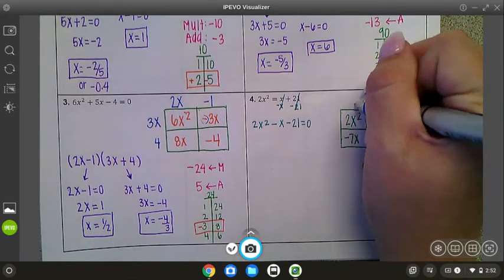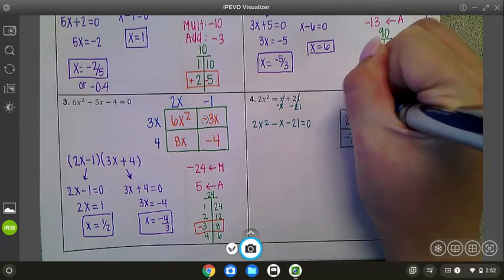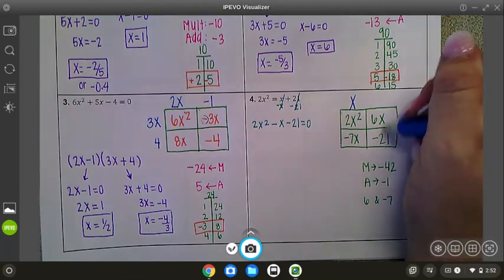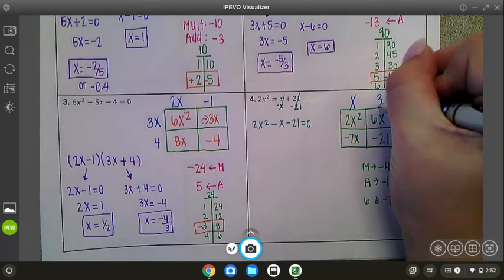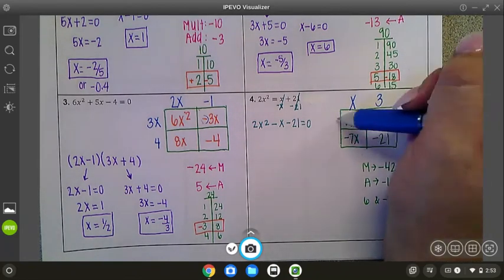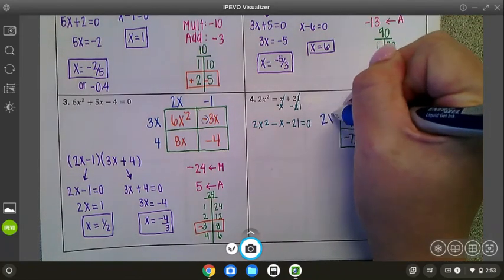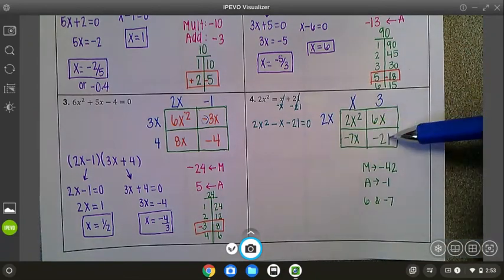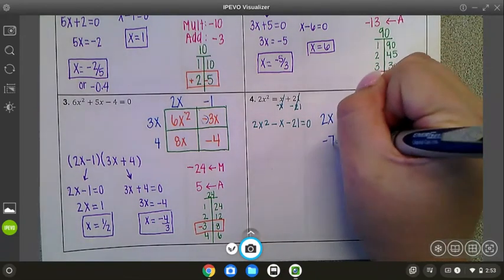Let's see, when we factor this column, they have an x in common. And in this column, they have a 3 in common. This row, they have a 2x in common. And in this row, a -7.